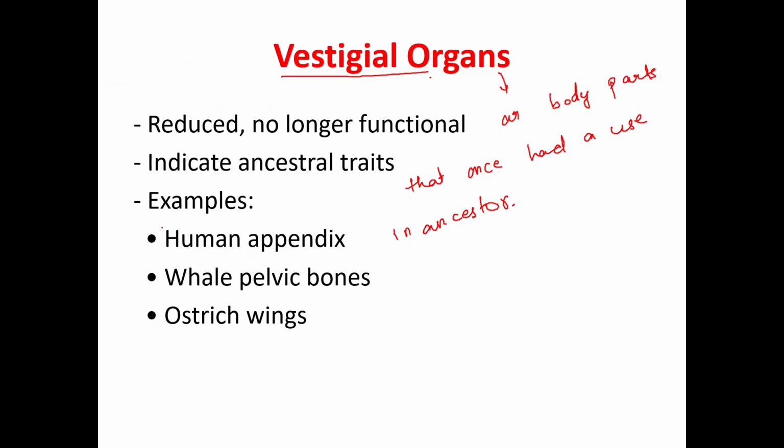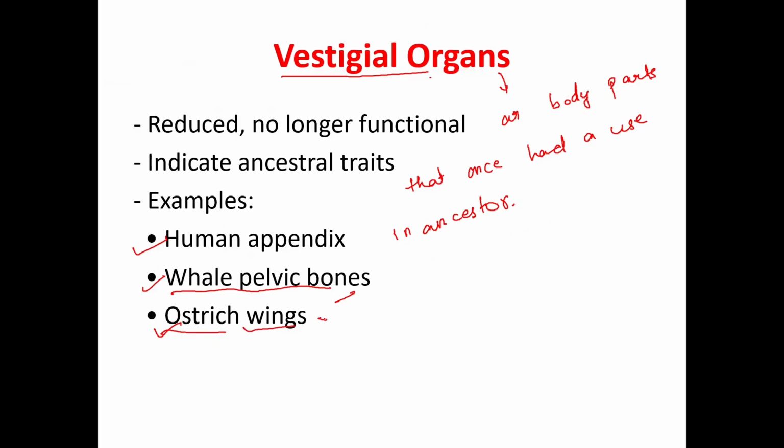For example, human appendix, wisdom teeth, ear muscle. Whale pelvic bone has no use today. Ostrich wing: ostriches don't fly, they don't need wings.